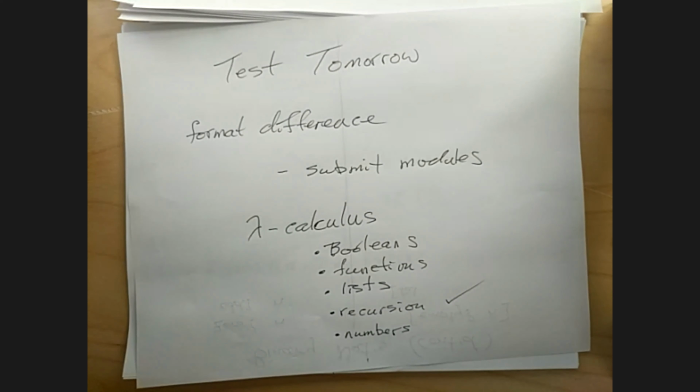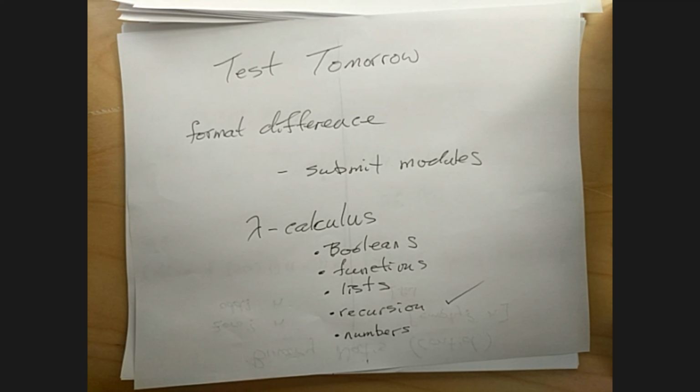And hopefully you can use your imagination to convince yourself that if you have Booleans and functions and lists and recursive functions and numbers, you can use the lambda calculus to write any program of your choosing. You can always translate. Sure, we don't have characters, but you can translate characters into numbers using Unicode and so on and so forth. Those are just bells and whistles.